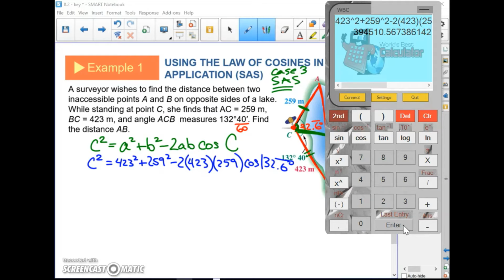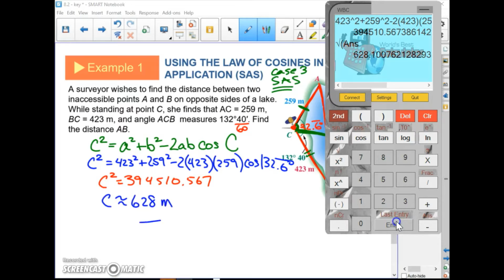C squared equals, or is approximately anyway, 394510.567 or something. And so let's end up by taking the square root of that. C is about 628. What are the units here? Meters.